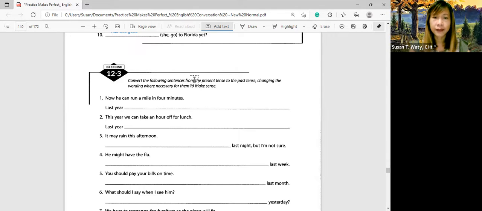Let me highlight this so you guys can see better. So number 1. Now he can run a mile in 4 minutes. Last year, blah blah blah. Remember, the first sentence is in present tense. Last year, we're going to use the past tense.